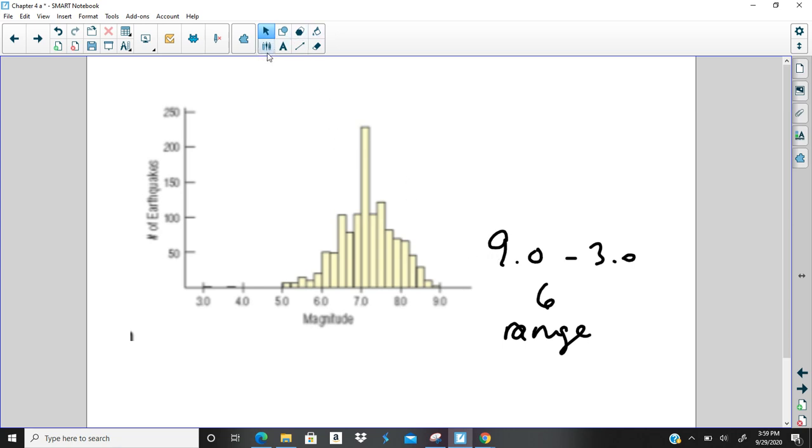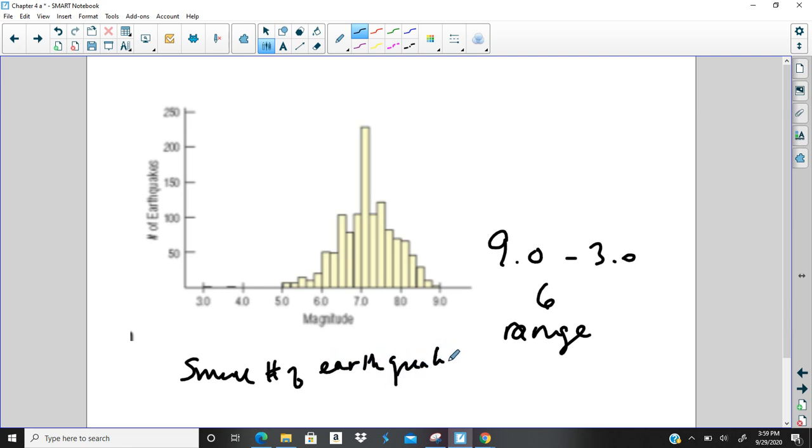In this case, I would say that what's unusual is it looks to be a small number of earthquakes at 3.0, maybe that might be 3.8 maybe. And I'm not sure if there's any others, okay? And so approximately 3.0 and 3.8.